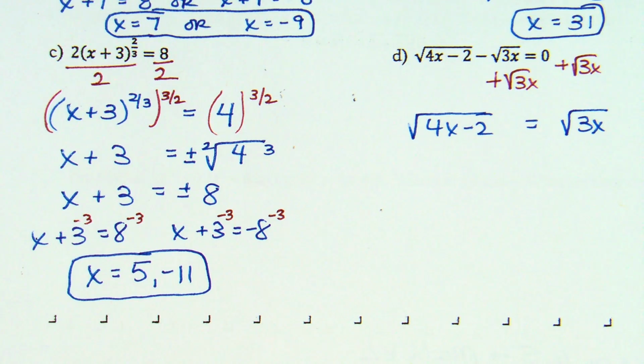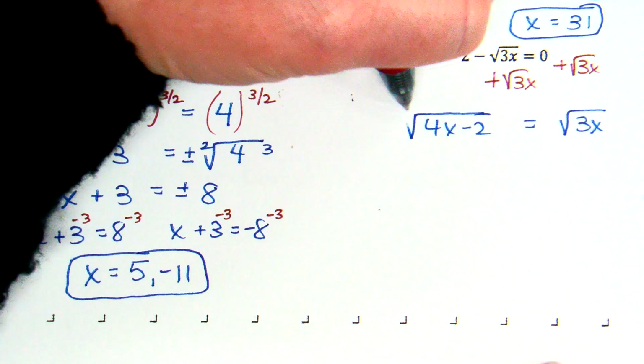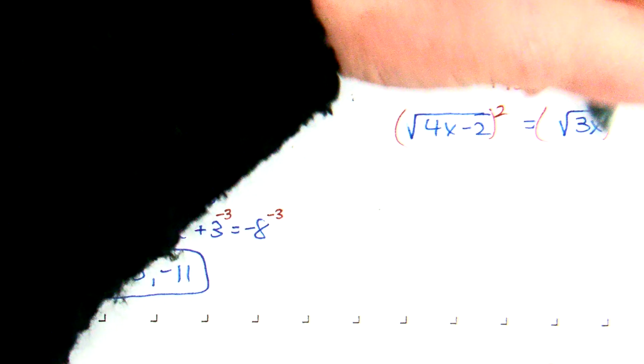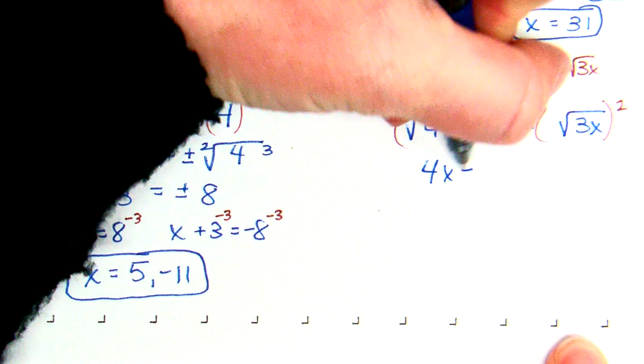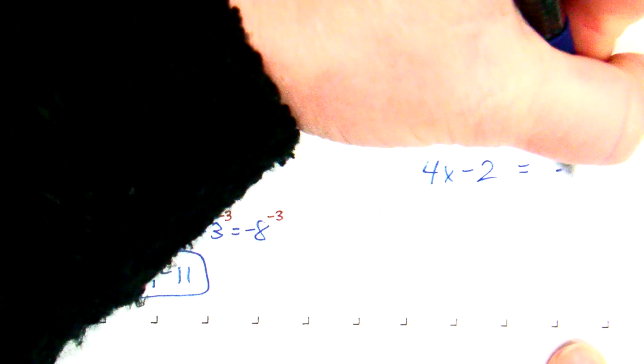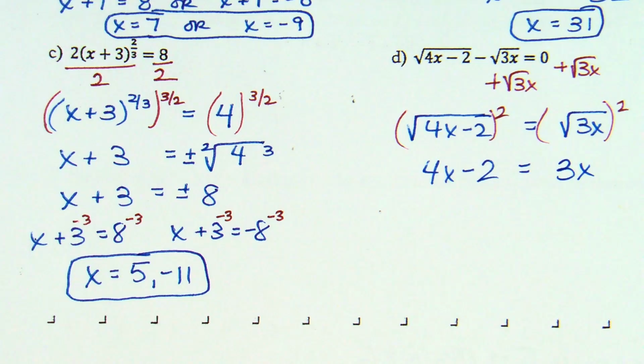The idea is you want at least one radical to be totally by itself, which I have. In this case, both radicals are by themselves. So, we're going to square both sides. Okay. So what happens when you square the square root of 4x minus 2? 4x minus 2. Square the square root of 3x? 3x. And now you're back down to a pre-algebra type equation.